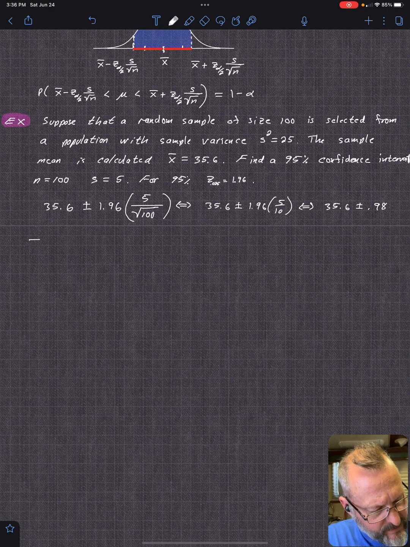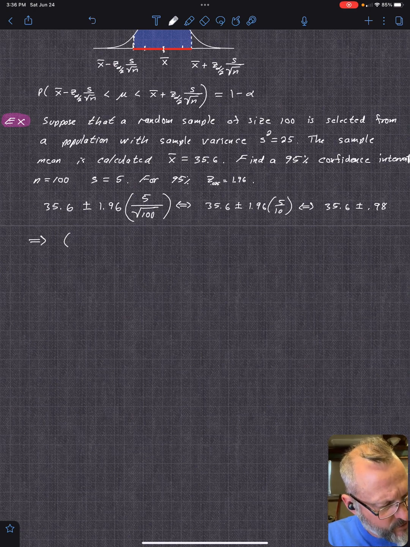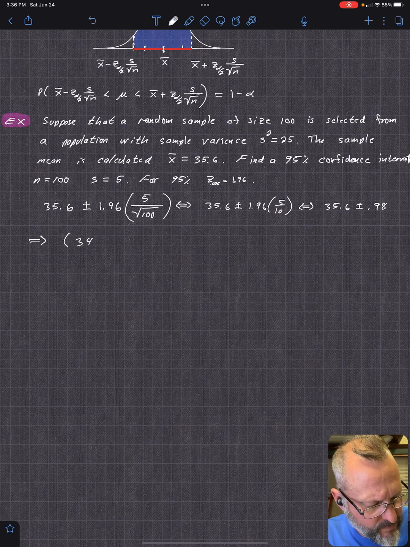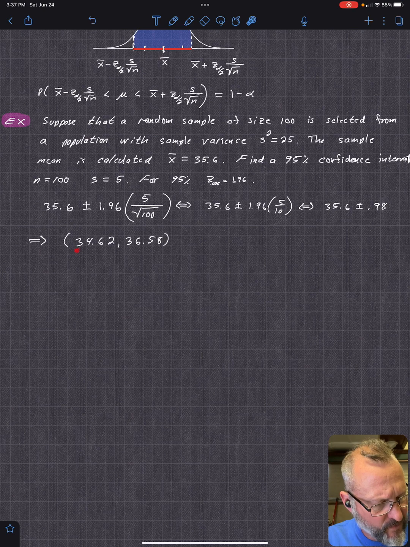Then we put that into an interval. This is your confidence interval. This is the big time right now. You subtract 0.98 and you get 34.62. You add 0.98 and you get 36.58. So it's 34.62, 36.58.